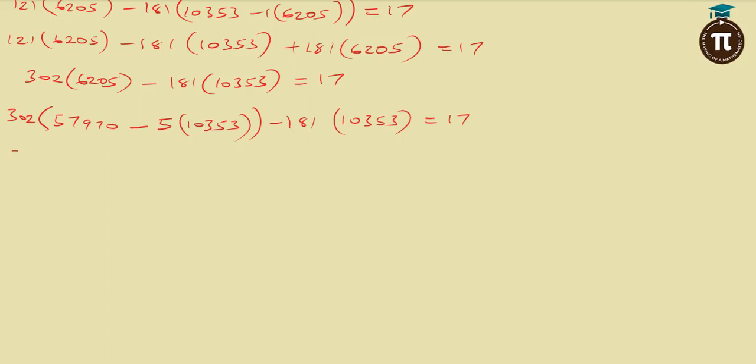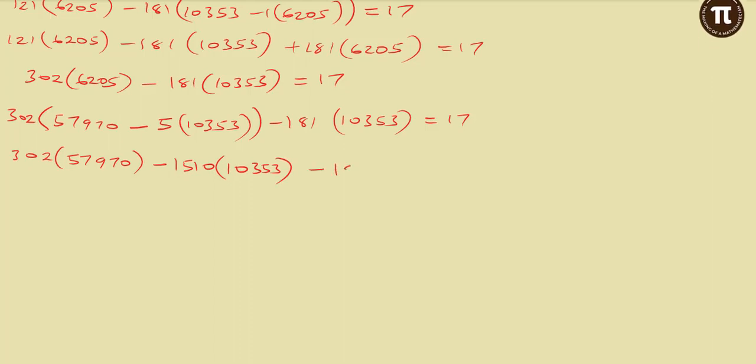So this will give me 302 times 57970 minus 302 times 5. 302 multiplied by 5 will give me 1510. So 1510 times 10353 minus 181 times 10353 gives 17.